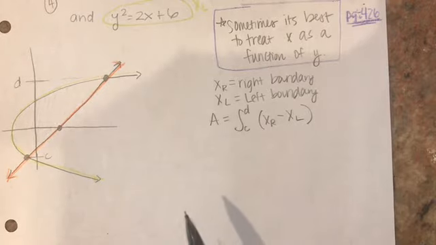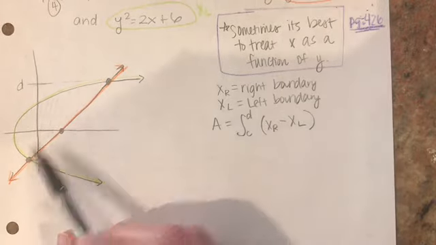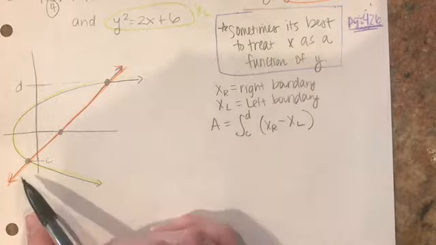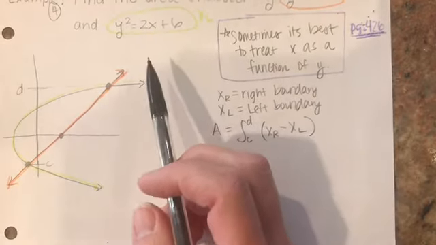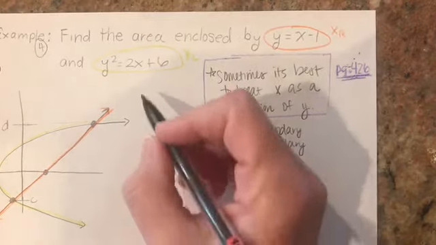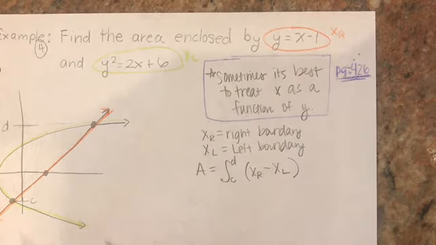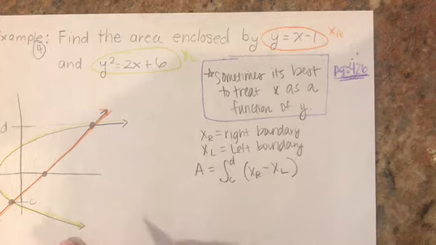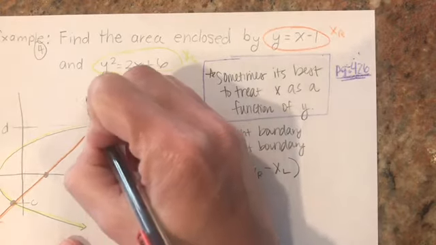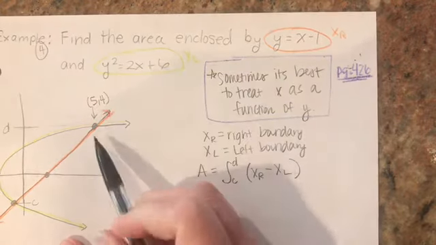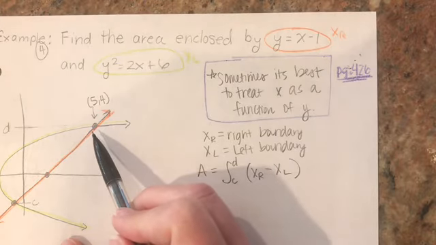So first of all, to find our intersection points, where would this line hit this sideways parabola? You can just set them equal to each other if you want, or we could just type them into Desmos, or however you want to do that. But this coordinate right here is 5, 4. They intersect at 5, 4 right there.